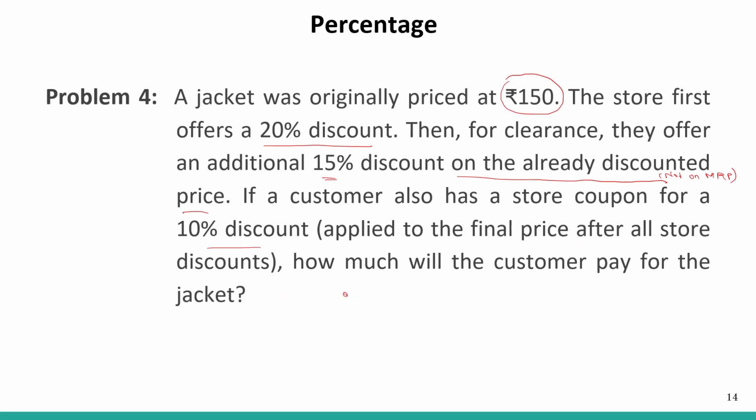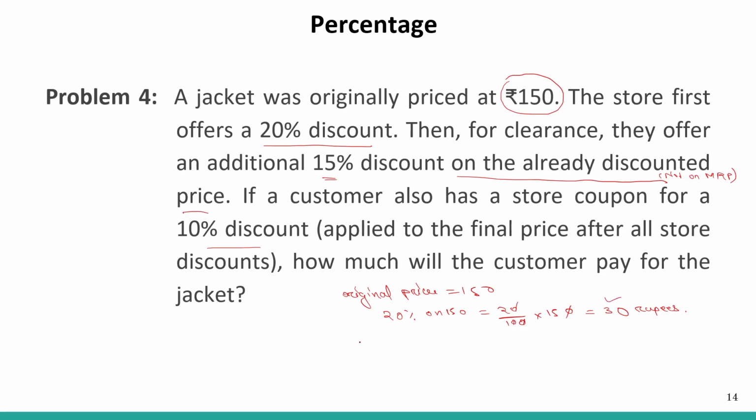So let's see, original price 150, then came the 20% discount. 20% on 150 is equal to 20 by 100 into 150, so it will be 30 rupees. 30 rupees discount.